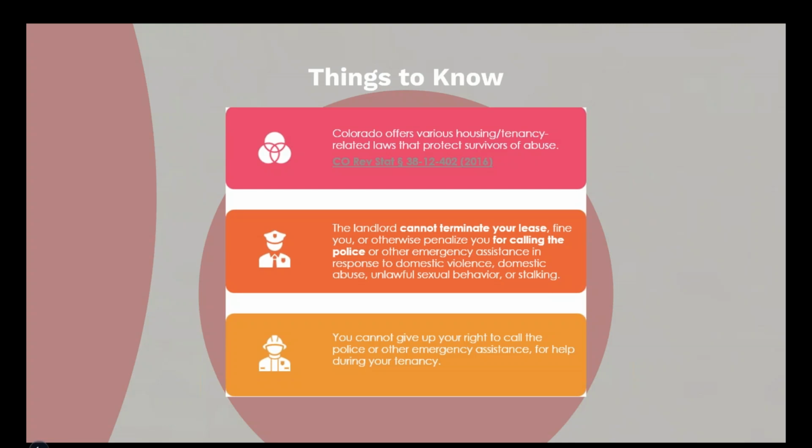Second, I think a good thing to know is that the landlord cannot terminate a survivor's lease, fine them, or penalize them for contacting police, the fire department, any emergency assistance response to their home. Does not terminate their lease agreement. And lastly, they cannot give up their right to call the police or any other emergency assistance.